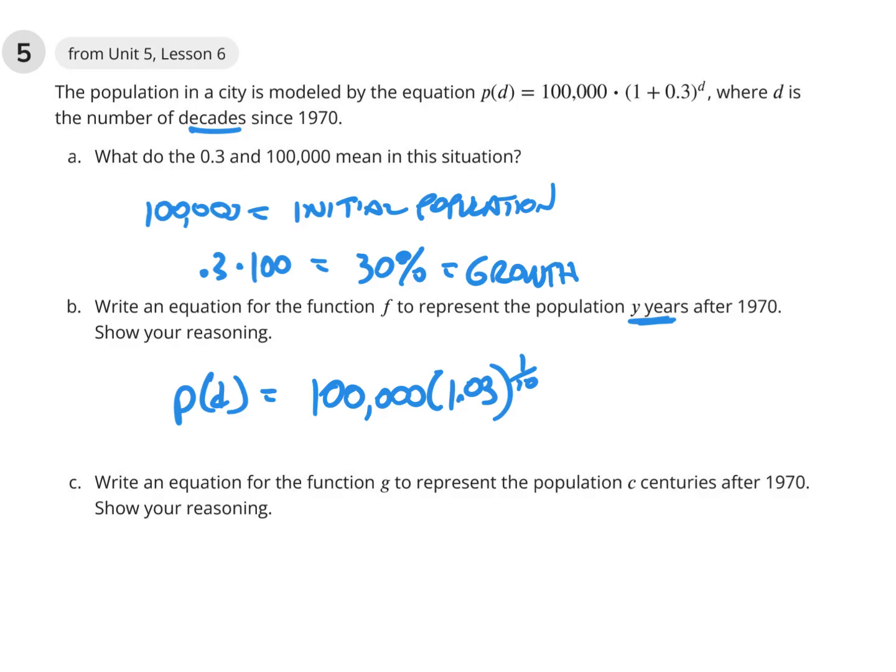Write an equation to represent C for centuries. C is for centuries. 100,000 times 1.03 to the 10 years times C, which is centuries.